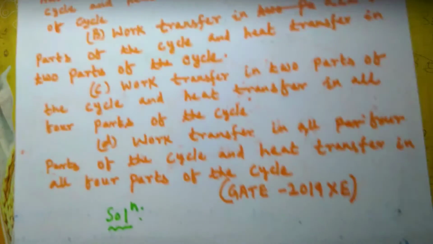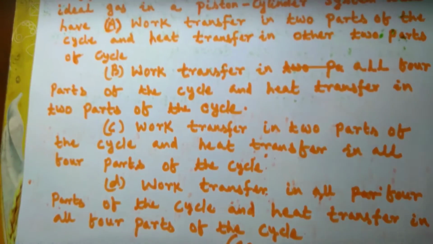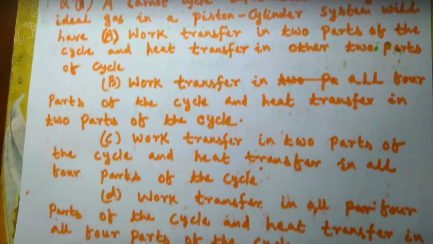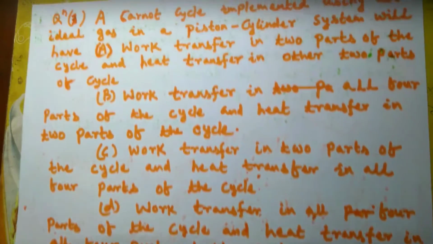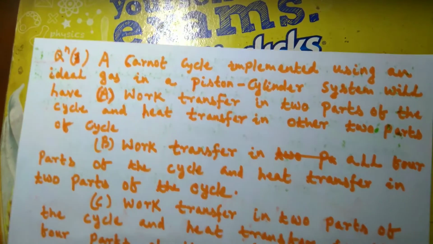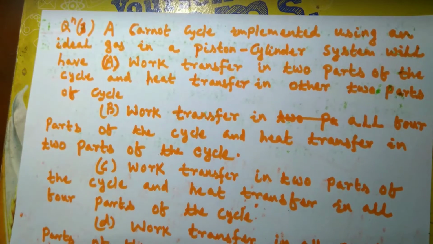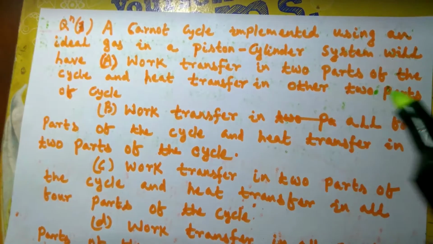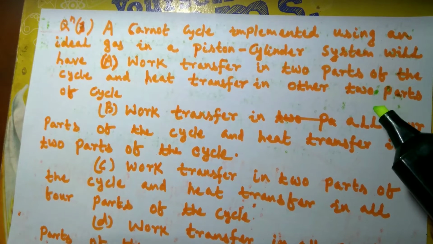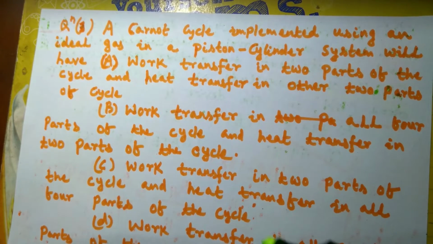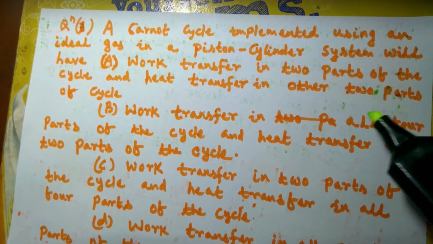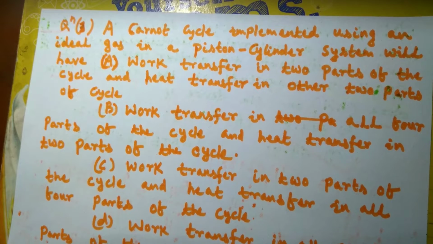So question number 3. This was asked in the GATE 2019 ESE. The question is like this: a Carnot cycle implemented using an ideal gas in a piston cylinder system will have, and 4 statements are given: A, work transfer in 2 parts of the cycle and heat transfer in other 2 parts of the cycle.